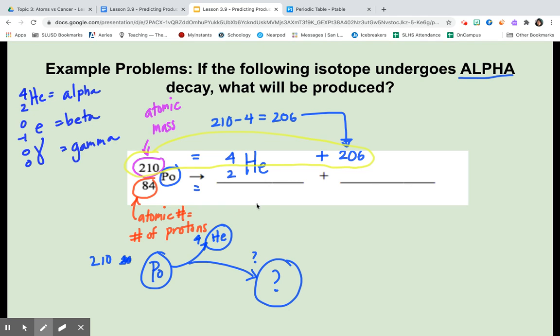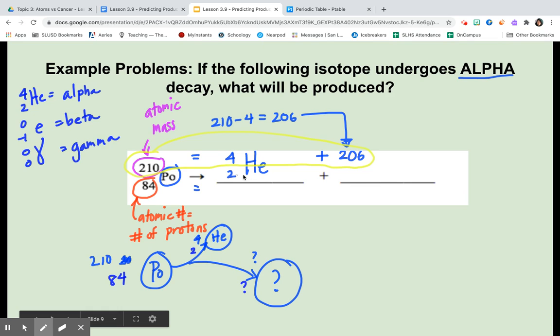Well, how do we figure out the bottom numbers or the number of protons? It's the same idea. So here, Po has an atomic number of 84 on the bottom. And when it splits off, helium has 2 protons. So whatever's left over for the bottom number will be here.